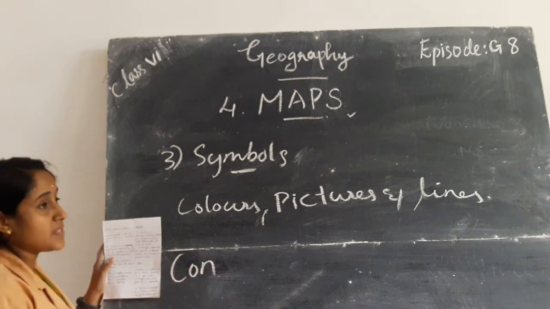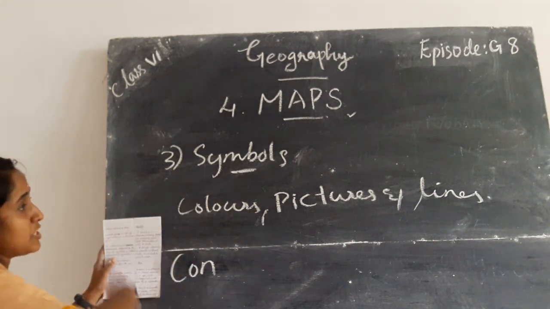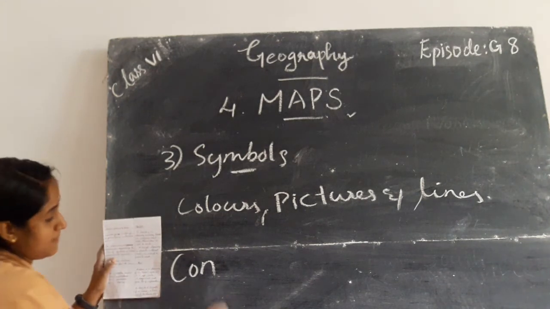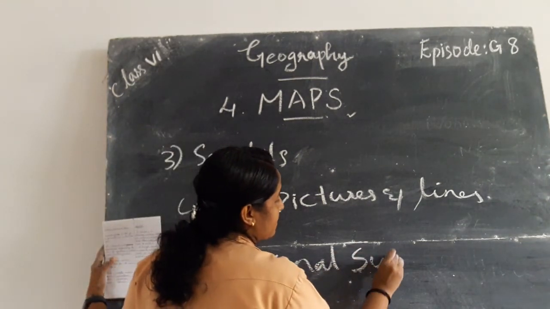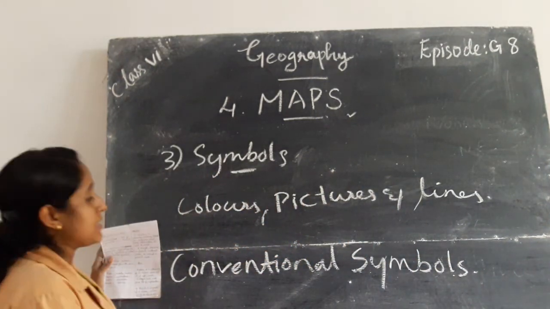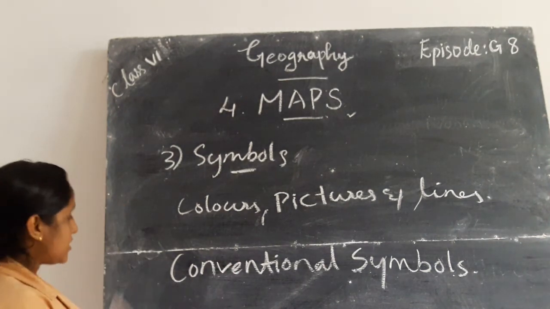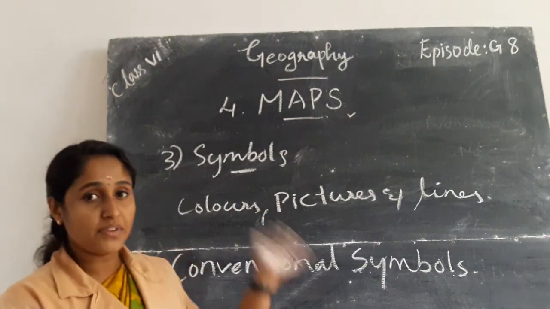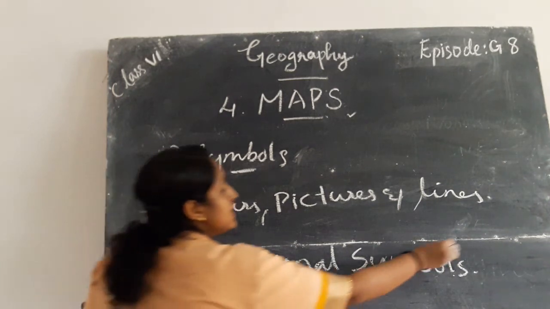Conventional symbols means we use the international arrangements in every country or every continent, with the same symbols for some features. That is called conventional symbols.